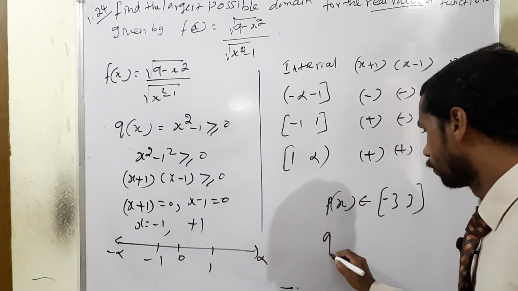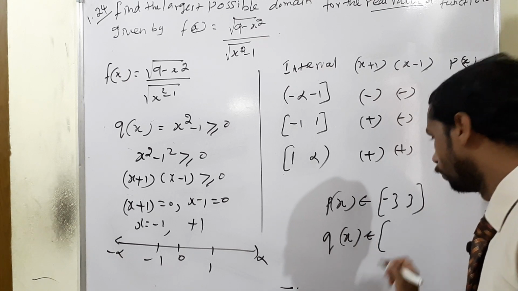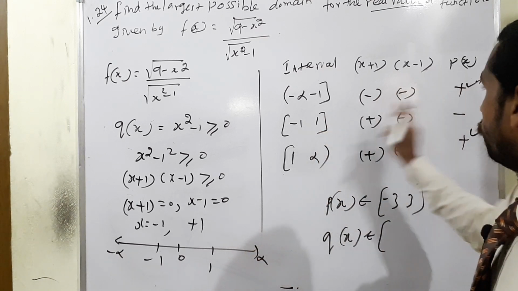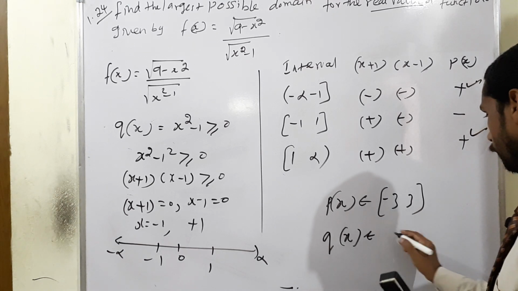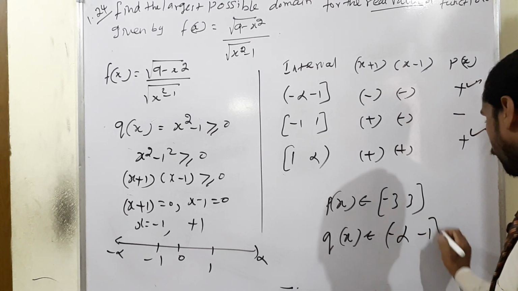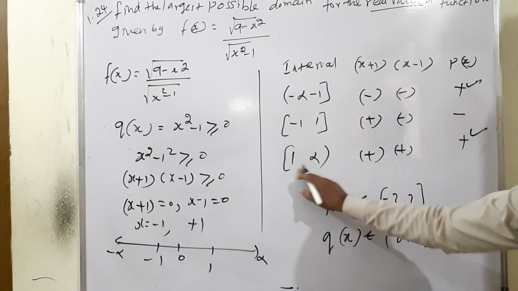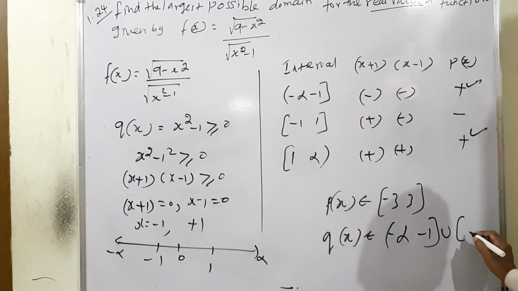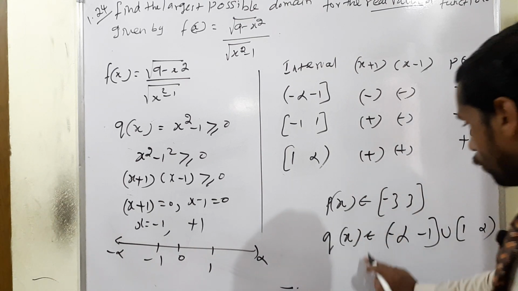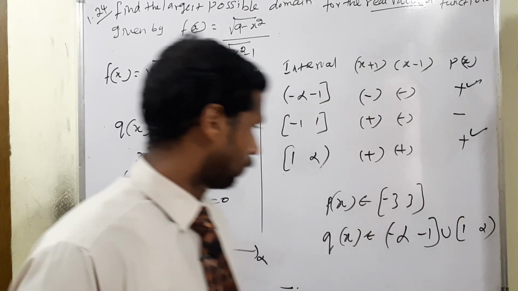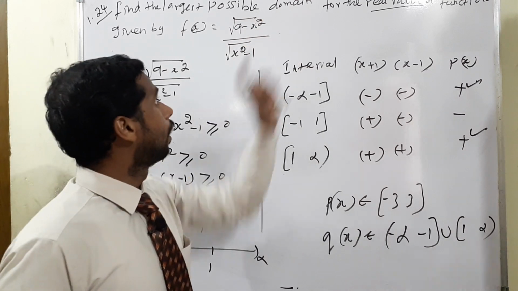Therefore the set is minus infinity to minus 1 (open interval) union 1 to infinity. From this we have to take the original possible domain.